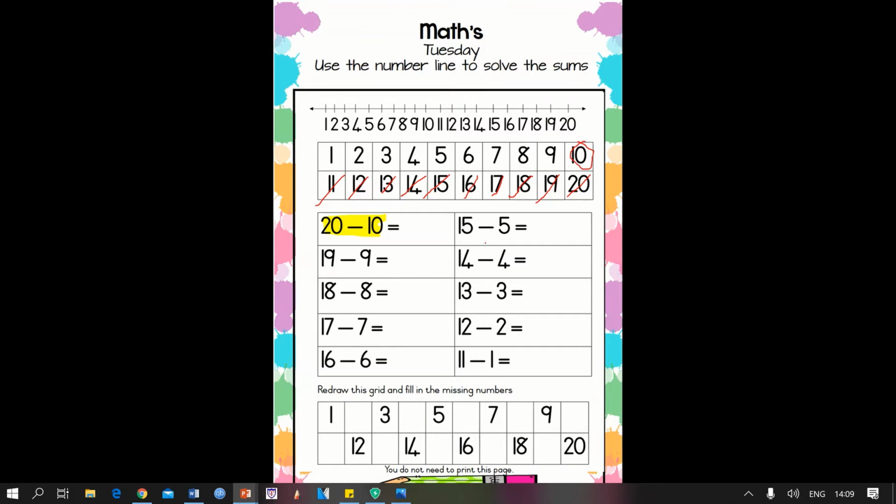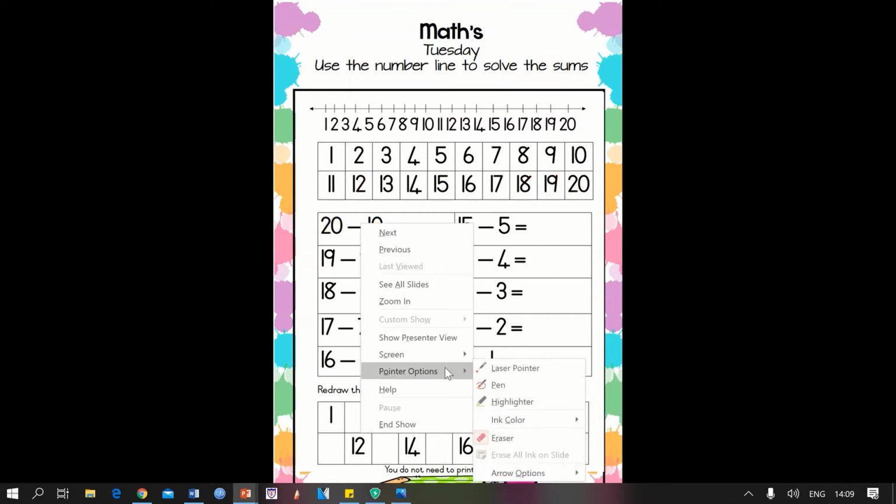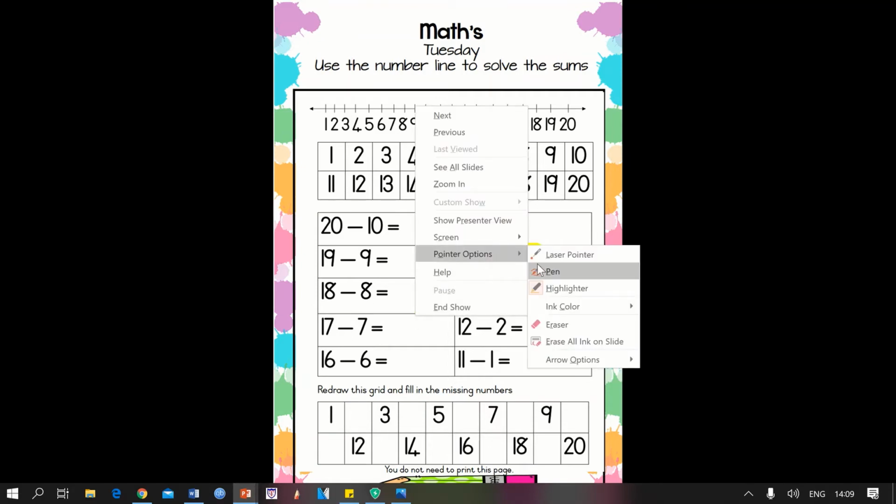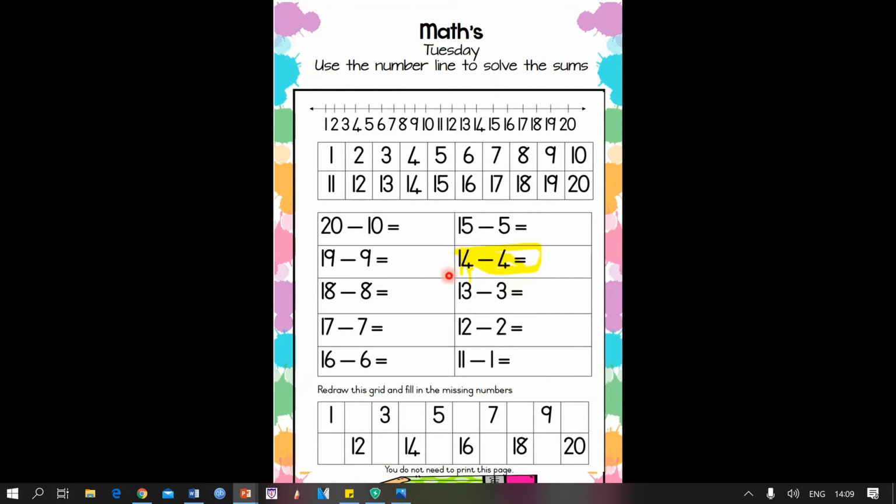Let's try that again with another sum just to practice, okay? Let's use a smaller sum. So let's work with 14 take away 4. This one over here. We know that the first number is 14. Remember, 14. So we start off with our finger on number 14, and then we have to take away how many? We have to take away 4.